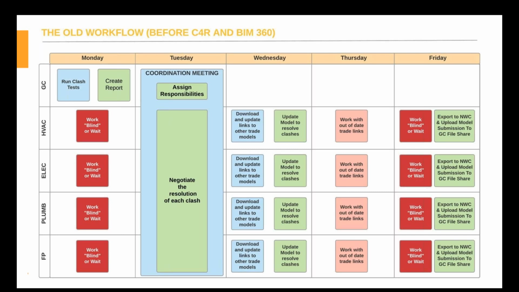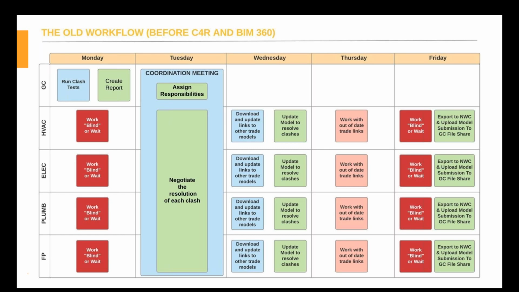But then if we uploaded on Friday, Monday was the general contractor's time to run clash tests and analyze the model, create a report, and prepare for the meeting that would be held on Tuesday. So the primary objective of the coordination meeting would be to negotiate the resolution of these clashes and assign the responsibilities.